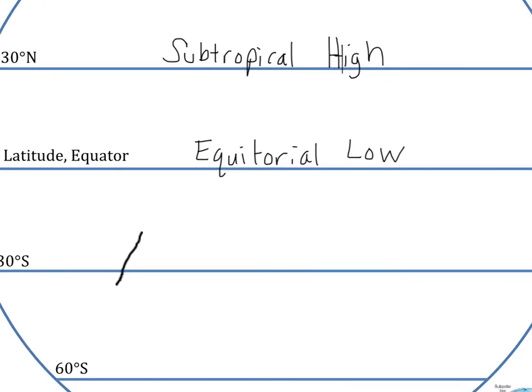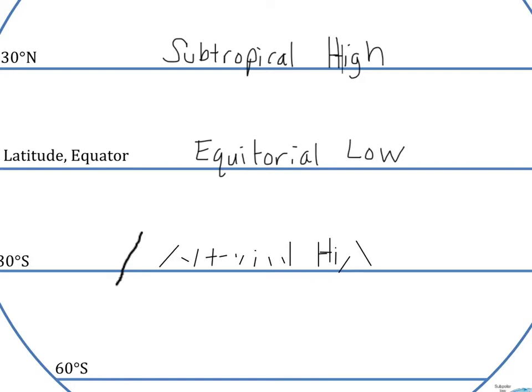So label that in both 30 north and 30 south. Okay, and we'll come back to labeling what the arrows are doing on the side.